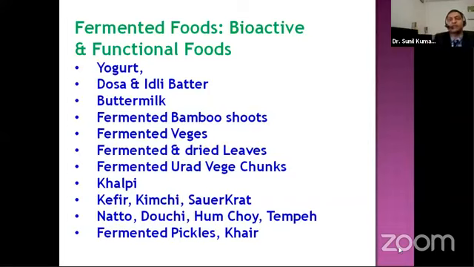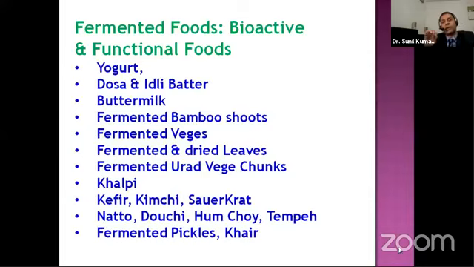In the Himalayan region, in Nepal, they dry these fermented vegetables. It has thousands of varieties of bacteria, lactobacillus strains, and spores, which after entering our body work as a fantastic fermented bioactive and functional food.